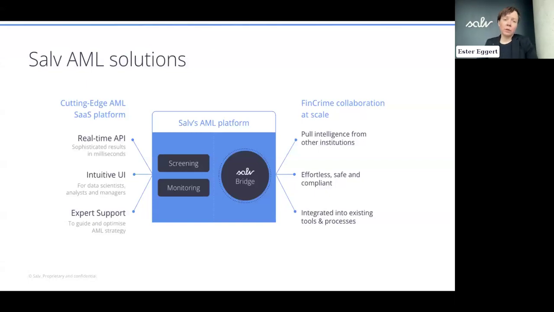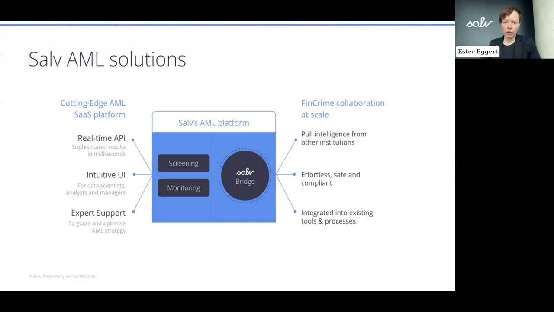Before going to the specifics of transaction screening and optimizing your solutions around that problem area, I wanted to talk briefly about Salv's wider offering as well. Those of you who are already our customers are of course familiar with it.